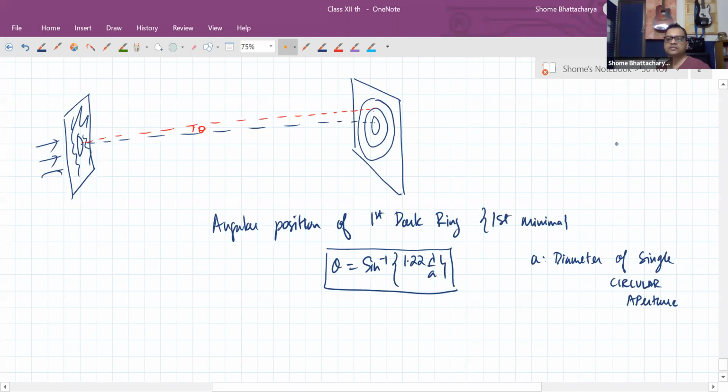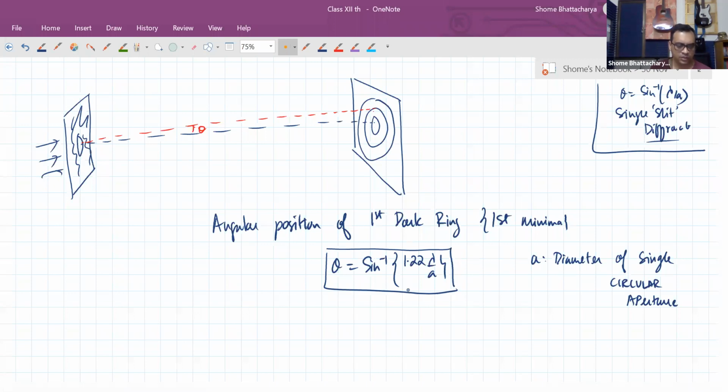So in single slit diffraction, you remember the formula of the first minima was sine inverse lambda by E. This was single slit diffraction. So here you just remember that there's a factor of 1.22 involved in front. And that comes because of the geometry of the circular aperture compared to the slit, which makes the wavefronts that we are considering kind of semi-spherical.